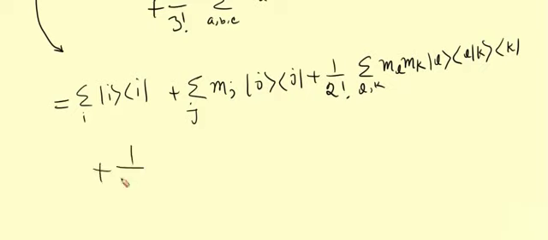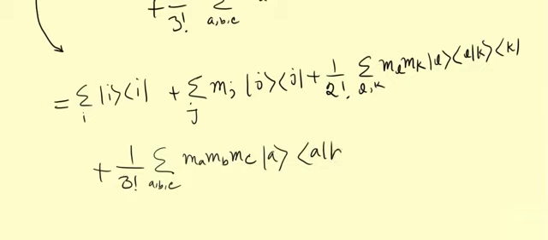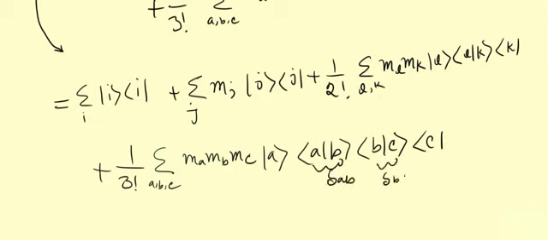So the cubic term will be 1 by 3 factorial, and there will be A, B, C. You will have M of A, M of B, M of C. Finally you will have A. Then it should be a ket. A sandwich B, and there will be a B sandwich C, and there will be another C, and this will give me a delta AB, this will give me a delta BC, and here you'll have a delta LK, right?